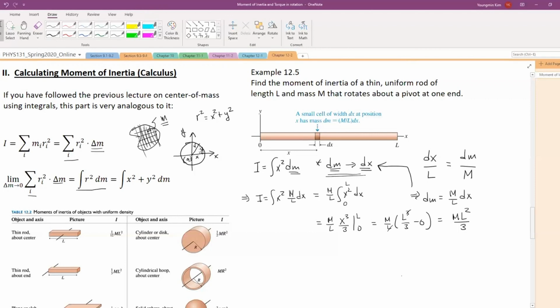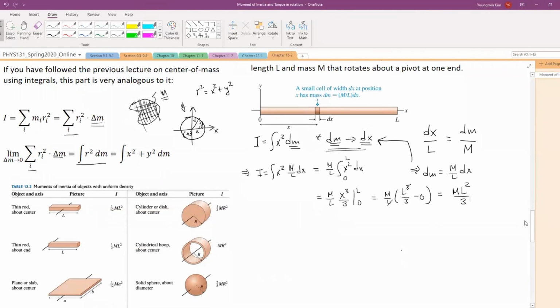Now, with the same situation, let's consider that it's not rotating at an end point, but rather rotating about the center. This time, the same rod, same mass, but about its axial rotation, you have a different mass distribution.